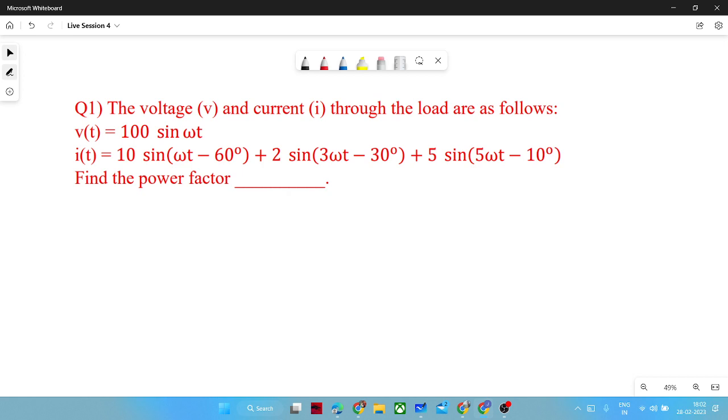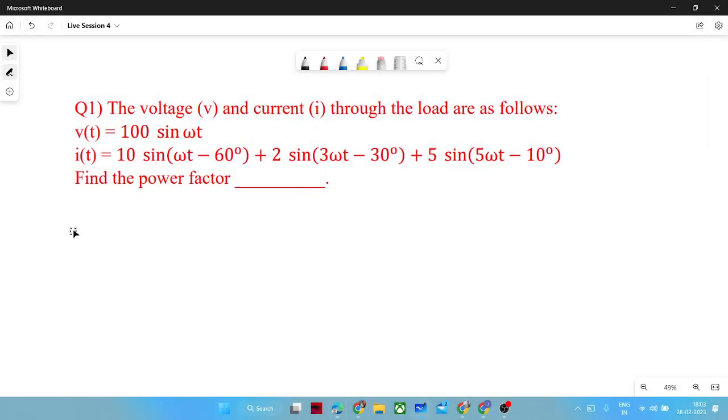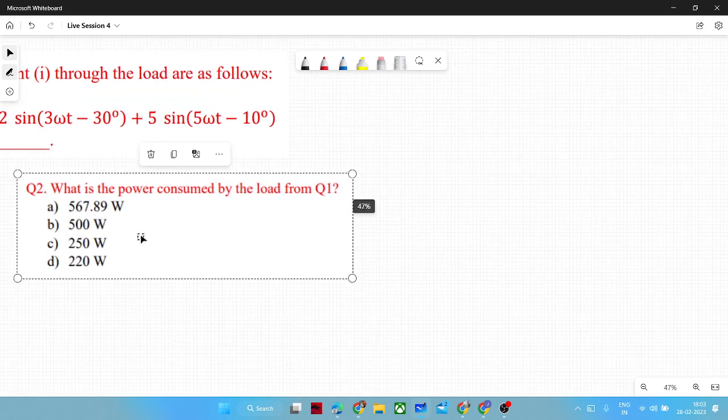Please read the question carefully and let me know your opinion about this problem, how to proceed with such kind of problems. And it has another part as well, which is related to this problem.